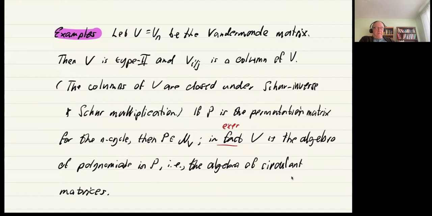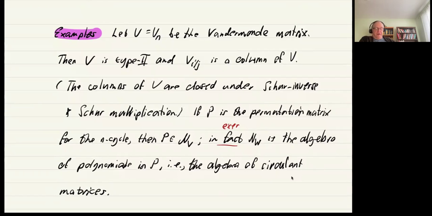Now, if P is the permutation matrix of the N-cycle, then P is in the Nomura algebra of V, because each column of V is an eigenvector for P. And so that implies it's in the Nomura algebra by definition. And in fact, this is just linear algebra. The Nomura algebra of V is the algebra of polynomials in P. And I may even assign this as an exercise.